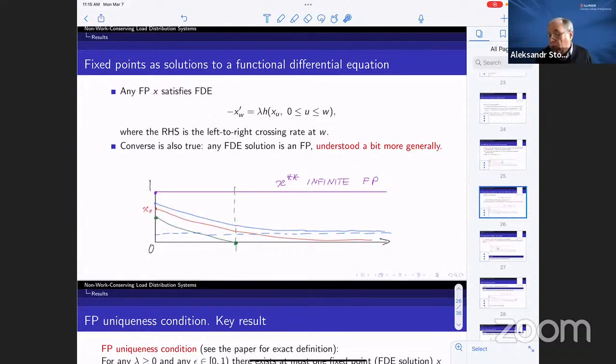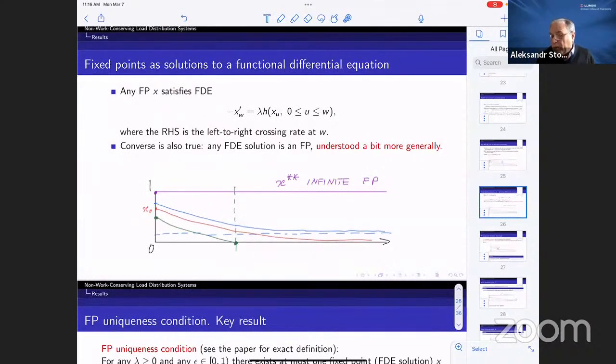This is also not such a big deal. The interpretation of such an improper solution is that this is a fixed point for a system where some fraction of servers always have infinite workloads. No matter what, they have infinite workload at the beginning and it stays infinite, so whatever is added, it's still infinite.